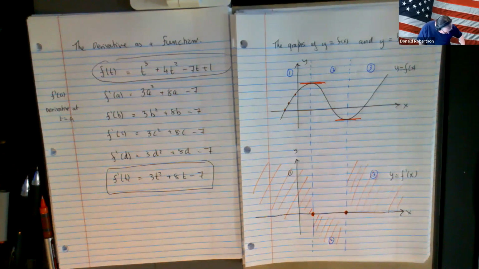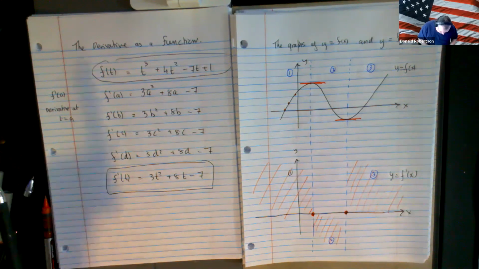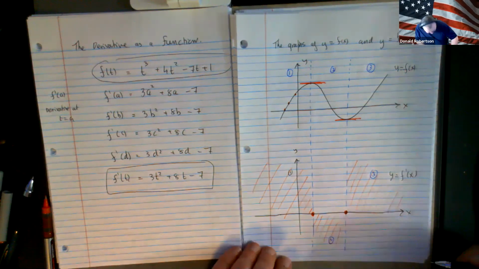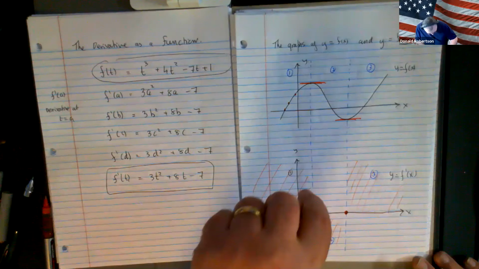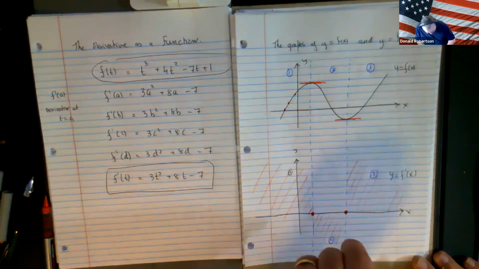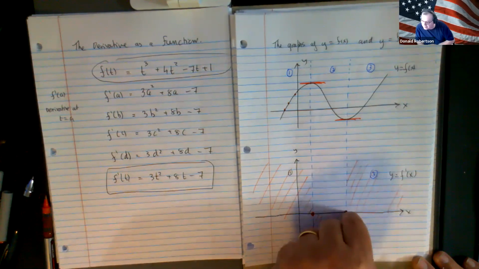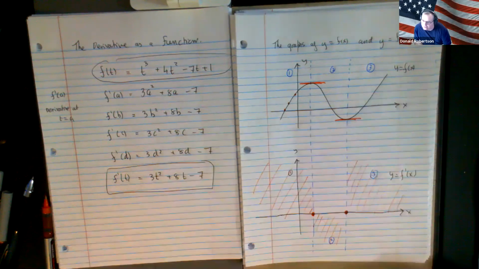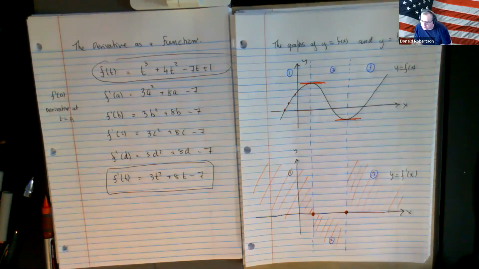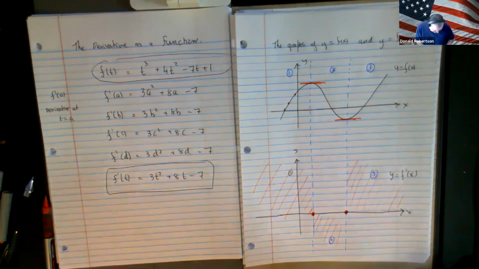Now you might say, well, what am I going to do now? Well, all I am going to do now is draw the best looking curve that starts here, passes here, gets to here, passes here, and finishes up here. And you only do the simplest curve that does it, so don't put extra wobbles in.